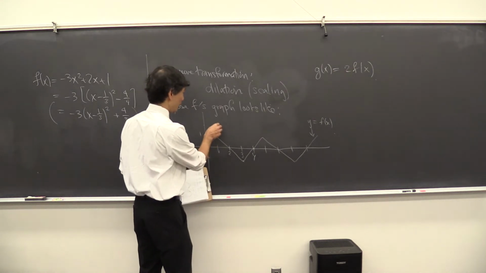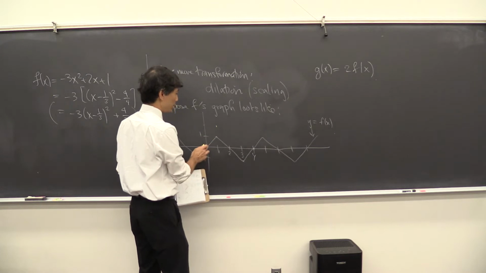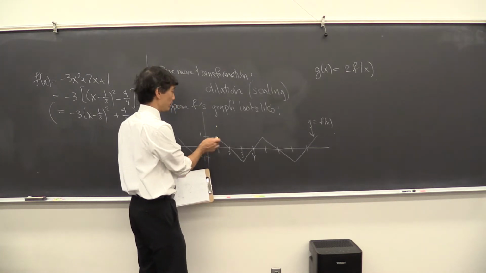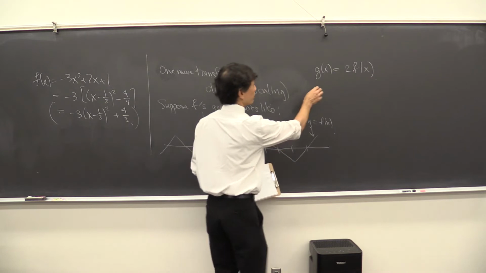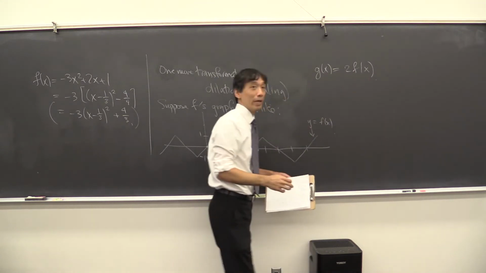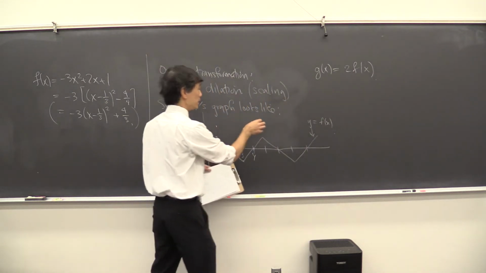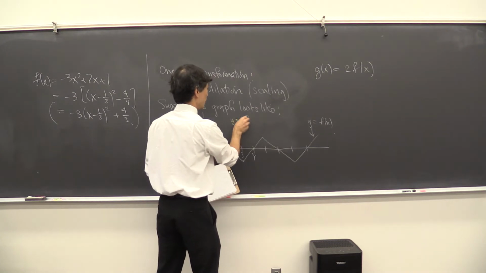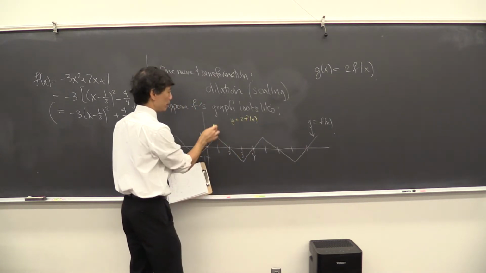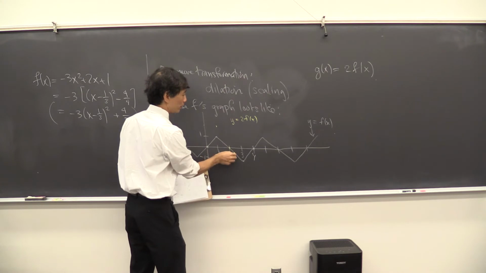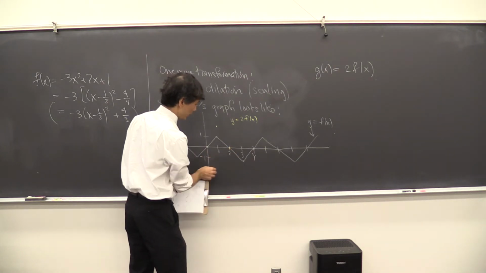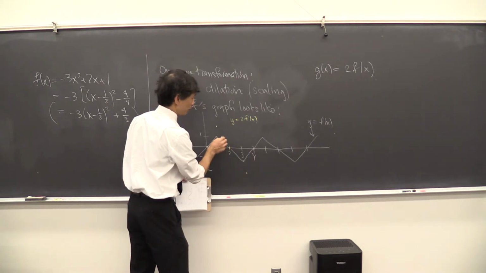Everything will get multiplied by 2. So here, 2 times 0 is 0. The y value doesn't change, because what you're changing here is the y value. Y is now going to be twice f of x, so you actually go up to here. Here you go down to 0, and here you're at -2.